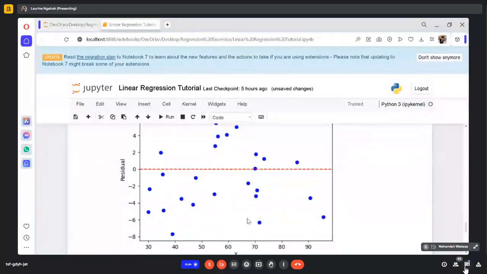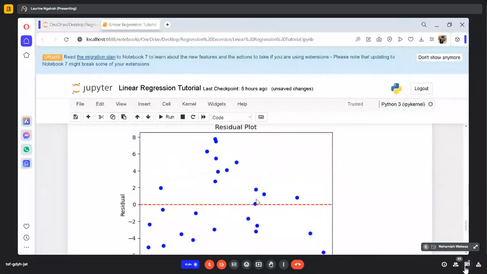If it has a shape somehow, it means that your model is not accurate. I hope I've not confused anyone. Is it clear up to there?